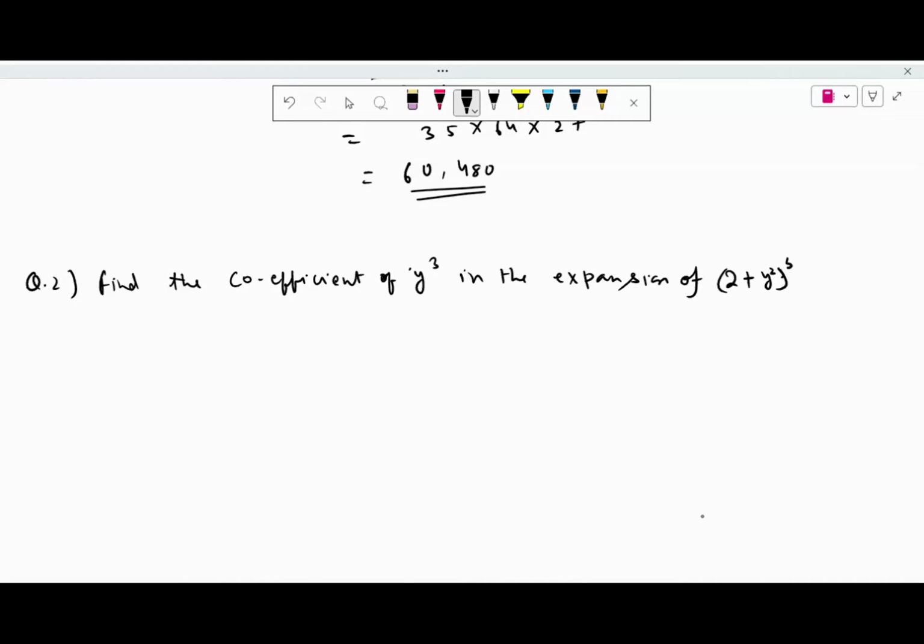No, no, it's not y square, it's y only. 2 plus y to the power 5. Can you do this question yourself and send it to me? Because this is the same type of question that I have sent you.